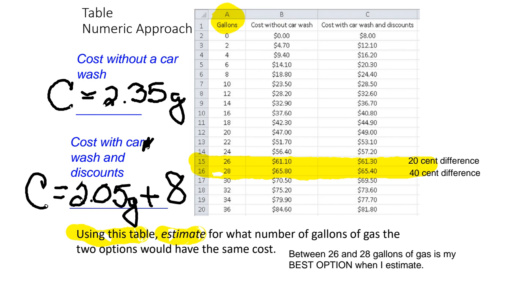But we want to find the exact number of gallons of gas where we have the break-even point, the same cost. To do that, we have to go to the algebra approach to find the exact break-even point.